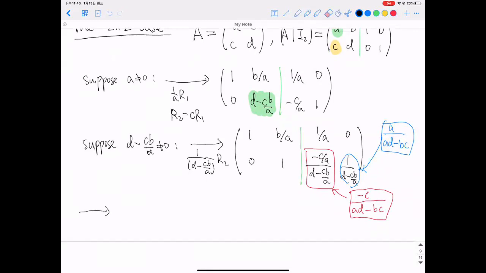That requires that we get rid of the entry B over A above this 1. So that means I need to do R1 minus B on A, R2. Now keep R2, 0, 1.